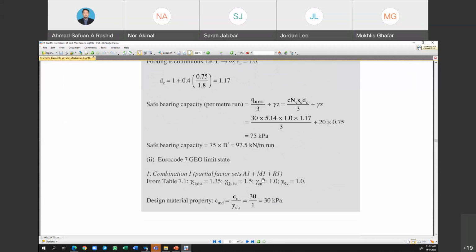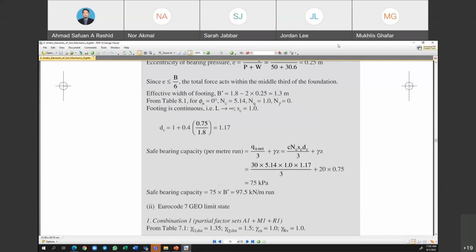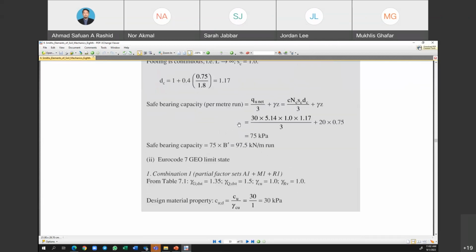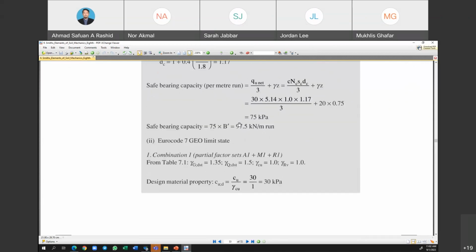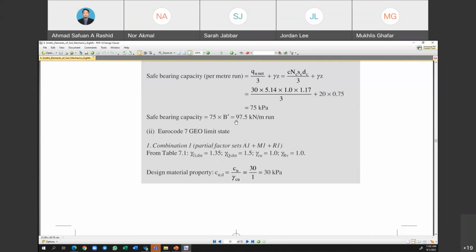From Table 7.1, we don't have Table 7.1 here, because this chapter starts at 8.1 and I have only chapters 8 and 9. But it is the same as the one that I have shared in the slide.